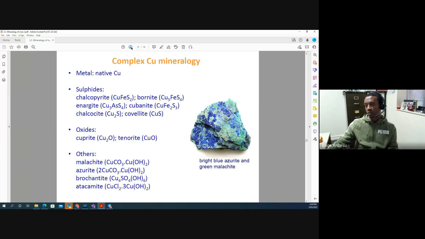So, for example, when I say complex mineralogy, in a typical copper deposit, you could have copper sulfides, oxides, you could have carbon.